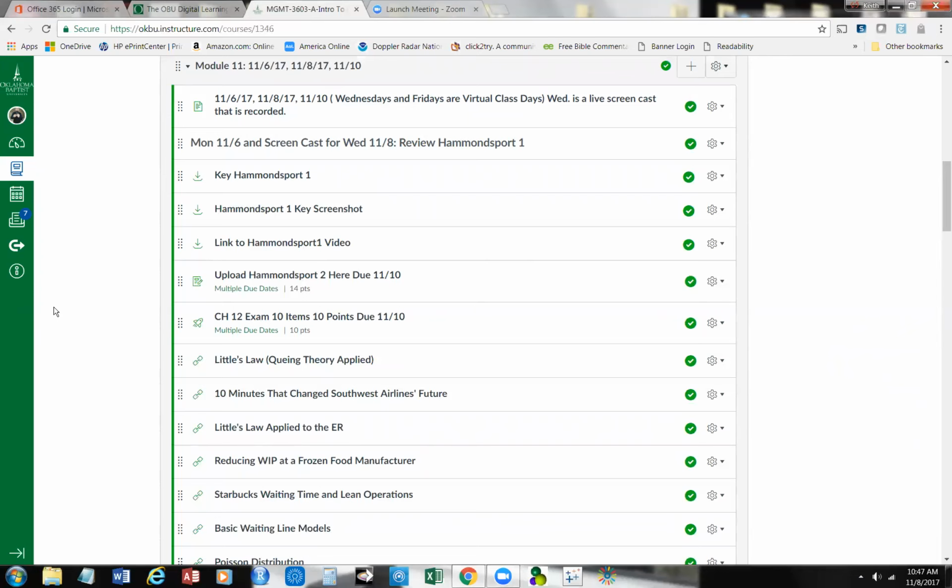We had Hammond's Port 2, which deals with waiting line models. Now we get into chapter 12, where we use simulation for risk analysis. So we've moved from waiting line problems to a different style of situation, which has to do with the issue of risk.